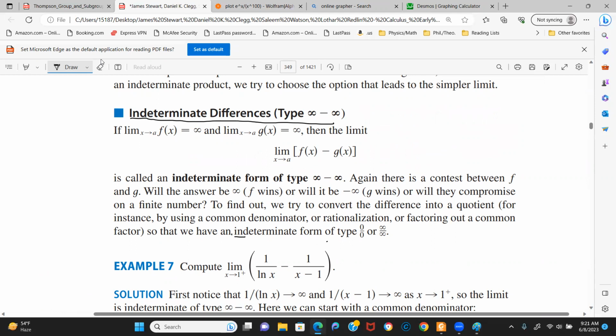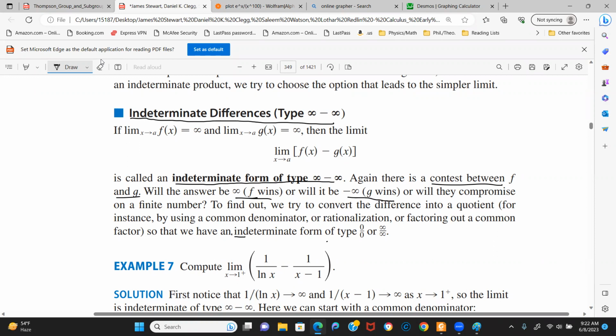The reason why you can't really conclude anything from this type of difference is that there's this contest between f and g. Like in the case of f over g, you could get infinity over infinity, and the question is which one's going to infinity faster? If f goes to infinity faster, then the answer is probably infinity.